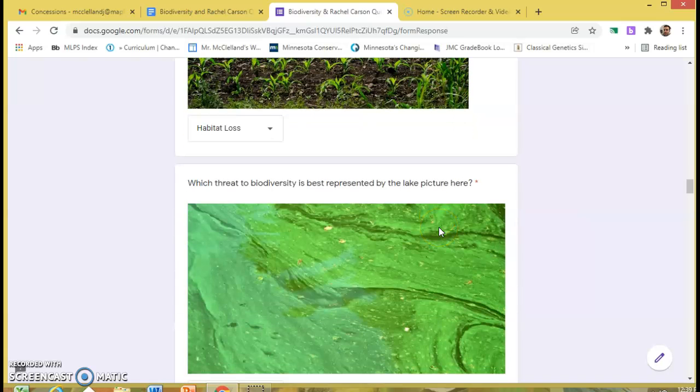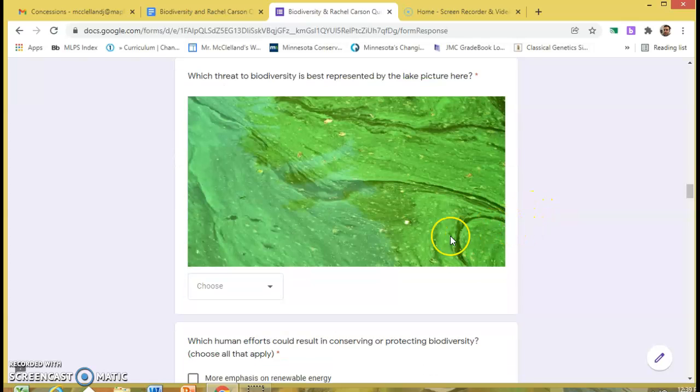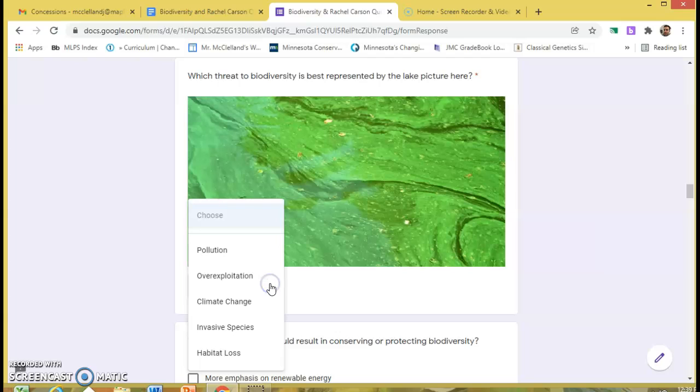Which threat to biodiversity is best represented by the lake picture here? So our lakes turn green and gross when excess nutrients get in them, and then we get algae blooms. When phosphorus and nitrogen get too much in the water, algae blooms happen, and that's called pollution based on fertilizer runoff.